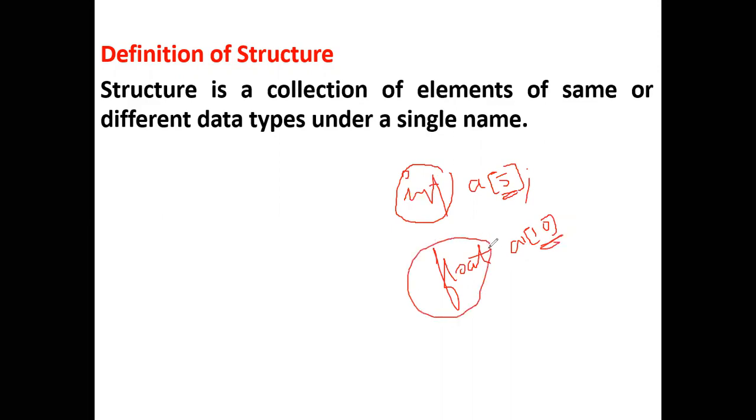All the 10 elements should be of type float. So in an array you can store elements only of the same data type, whereas a structure is a collection of elements of the same or different data types. That is the main difference between array and structure.